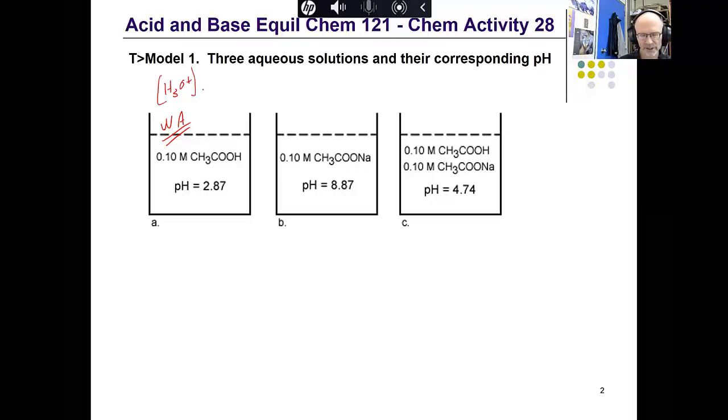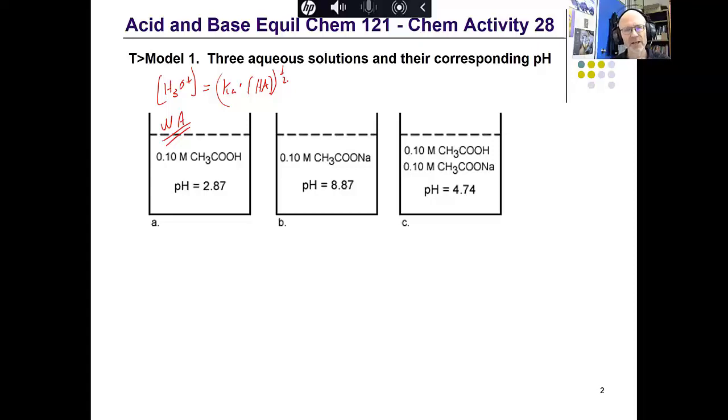We could determine the hydronium ion concentration by using the square root of Ka times the original acid concentration. That was the topic of last Friday's class. You need to do a check. You need to calculate the percent ionization to make sure that the check is valid. But we could do this calculation, and we would indeed find that the pH is equal to 2.87 for a 0.1 molar solution.